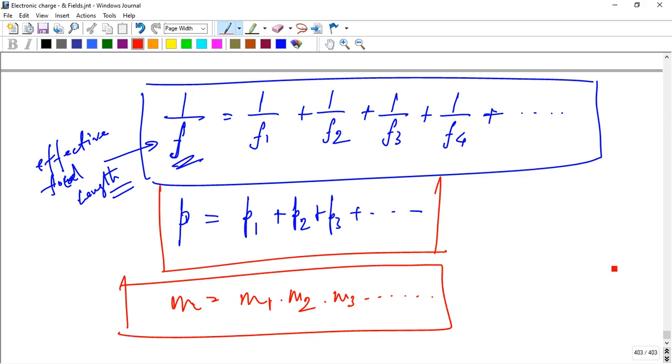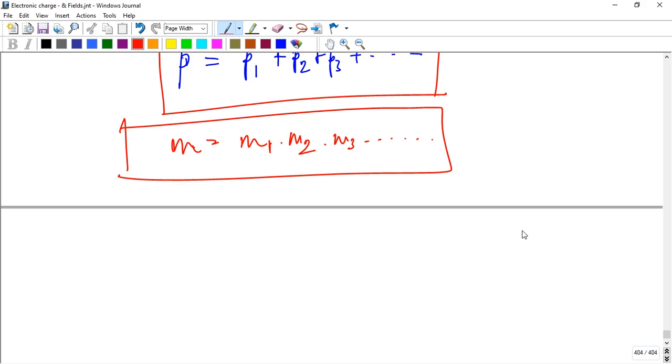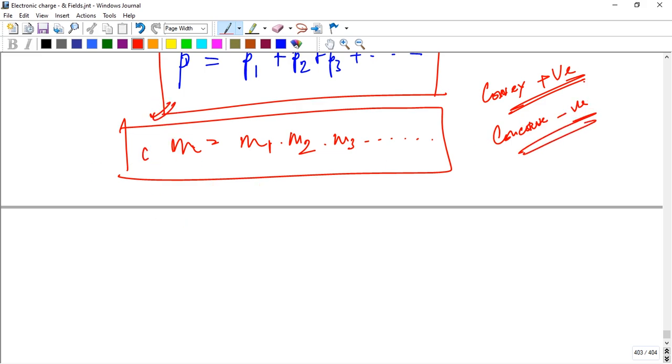So here the concept is the algebraic sum of the right side of the focal length part. Keep in mind, convex gets a positive result and concave gets a negative result, for effective focal length, effective power, or effective magnification.